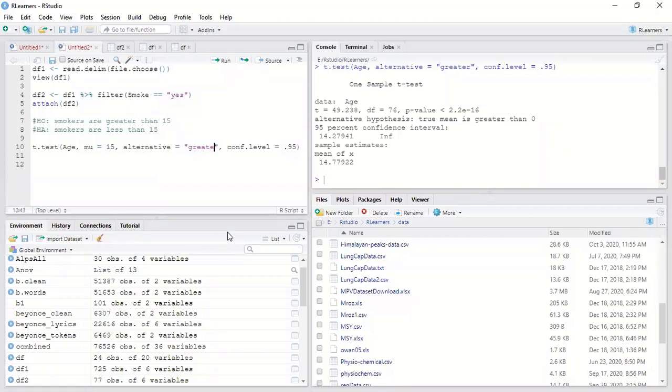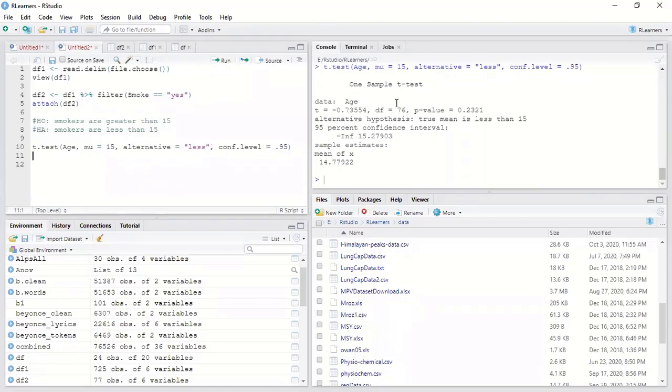Therefore, the alternative hypothesis here was supposed to be less because the null hypothesis is that the mean age of a smoker is greater than 15. Therefore, the alternative is that the mean age of a smoker is less than 15. So let's see whether that works. Exactly.